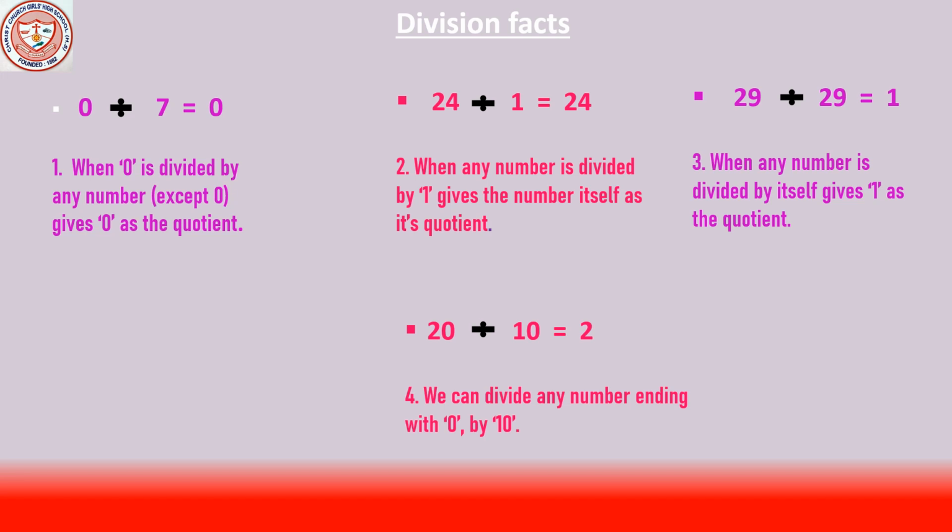Number 3. Now, look at the third example. 29 divided by 29 is equal to what? Yes, 29 divided by 29 is equal to 1.